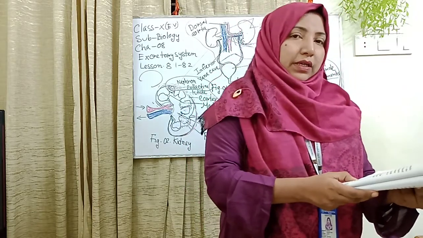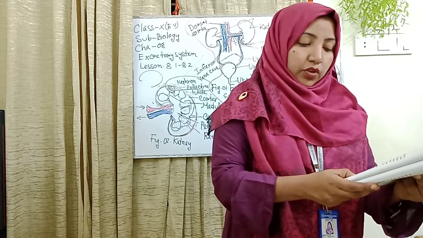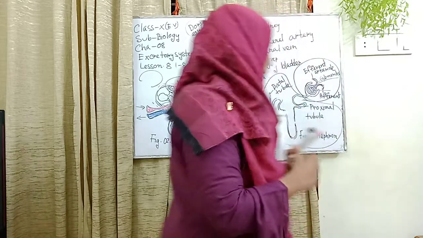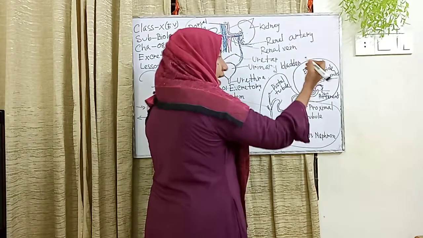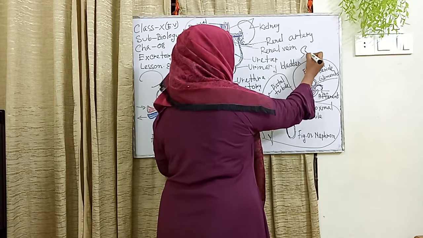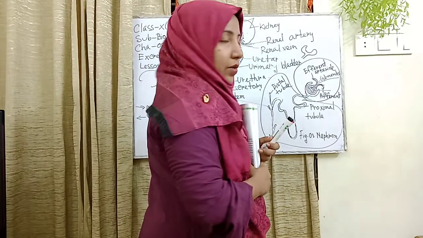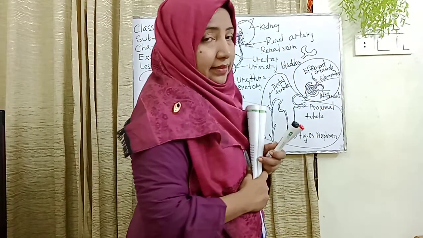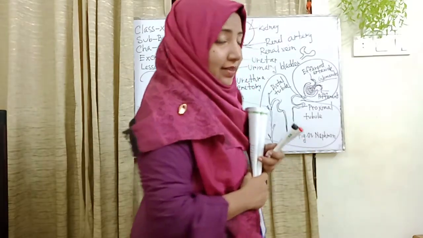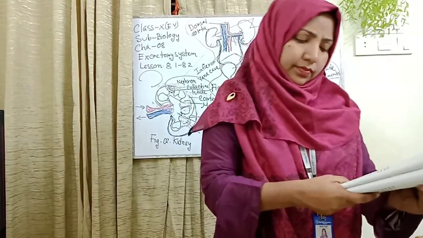Each Bowman's capsule is a cup-shaped extended organ composed of two epithelial layers. I will draw this. Basically, this structure is the Bowman's capsule, and it has two layers, called the epithelial layer.